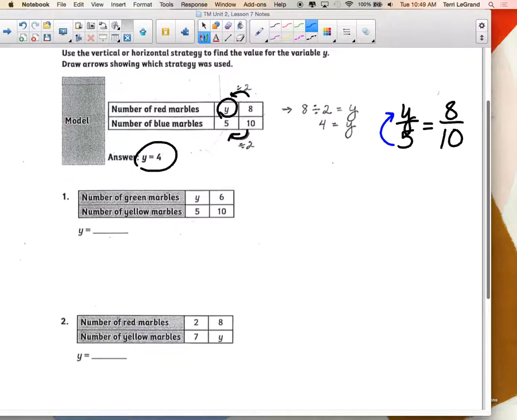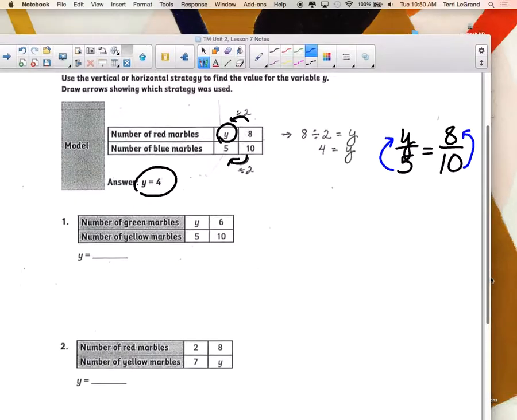So we go over here and we say, what do you have to do to get from 10 to 8? Is that friendly? No, it's not friendly. So in this case, the horizontal strategy is really the friendly one, isn't it? The one to use. So sometimes you're going to want to make a good decision. Which should I use? Should I use the horizontal or should I use the vertical?